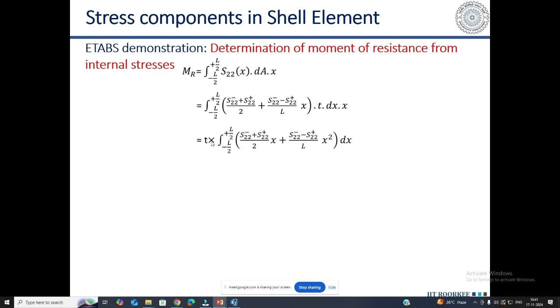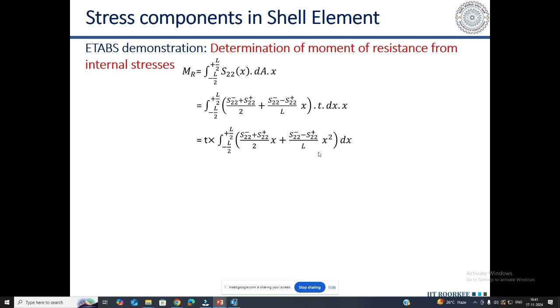Since T is constant, I have taken it out of the integration, and I have multiplied the function inside the parameters with this x. So the first function multiplied by x plus the second multiplied by x. Here also x, here also x, you'll get x square.